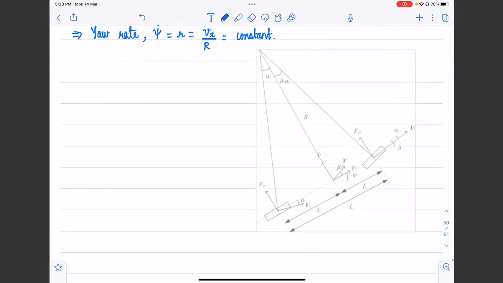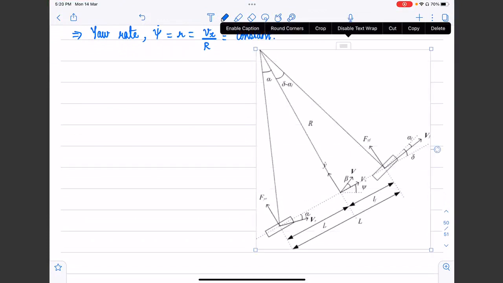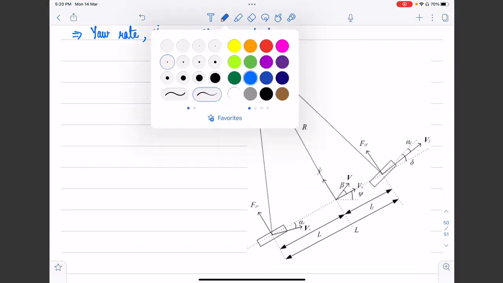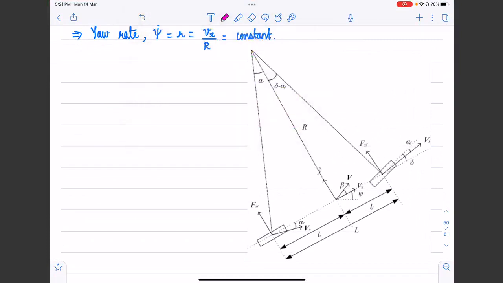This is just a simple schematic which shows the various variables associated with this steady state cornering model. Let me once again explain what the relevant parameters are. I'm sure by now all of us are familiar with these, right? We once again approximate the vehicle by the line segment AB. We are once again considering the bicycle model.